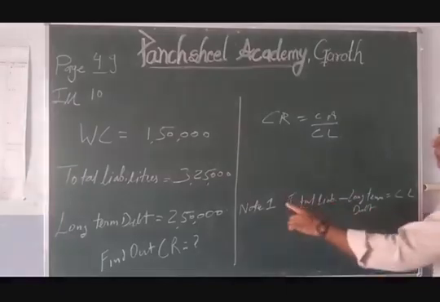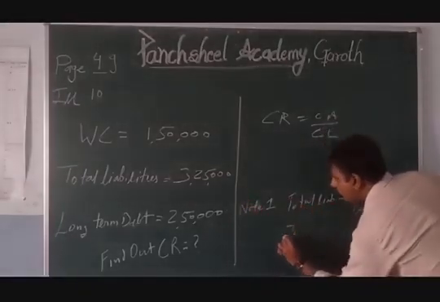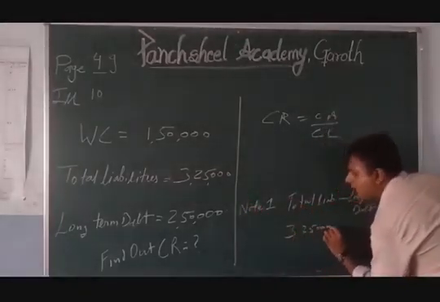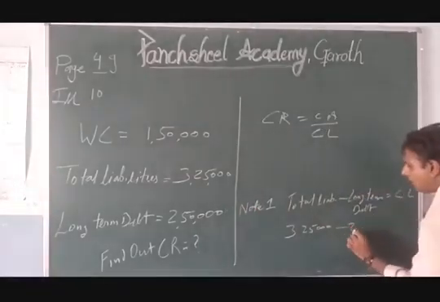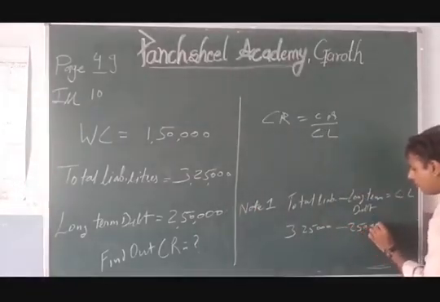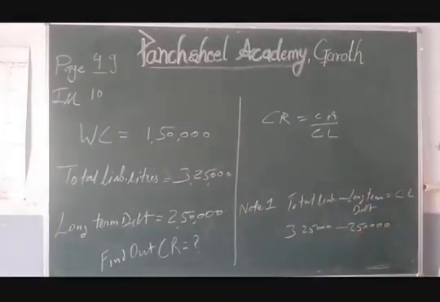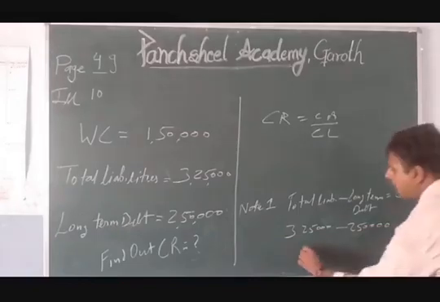Current liability. So deducting 3,25,000 minus 2,50,000. So how much will it come? 75,000.